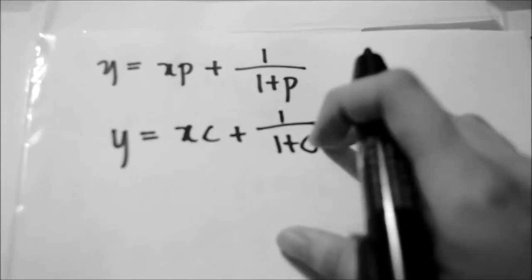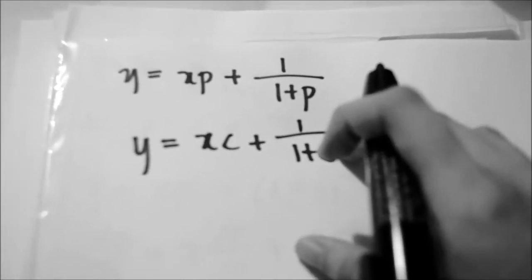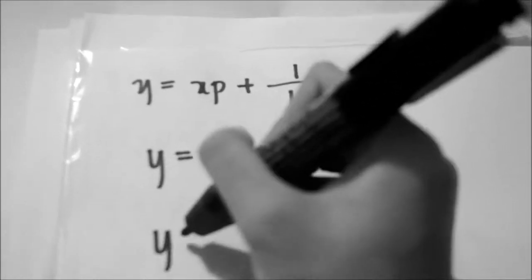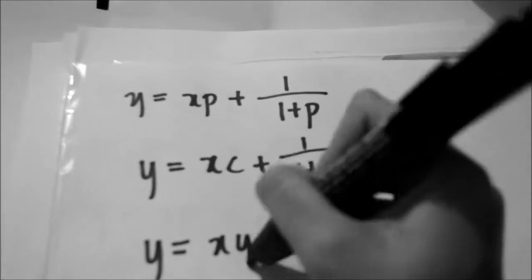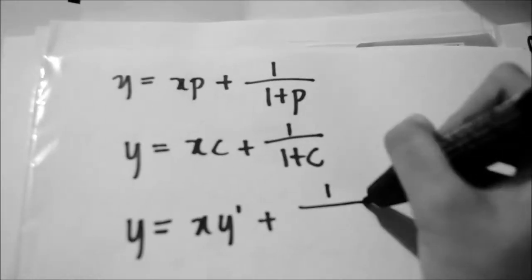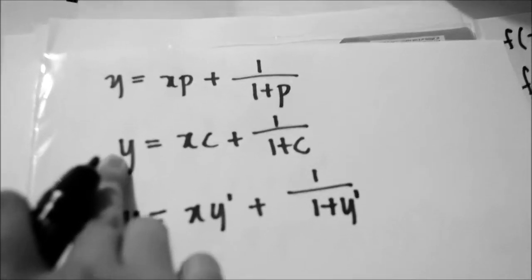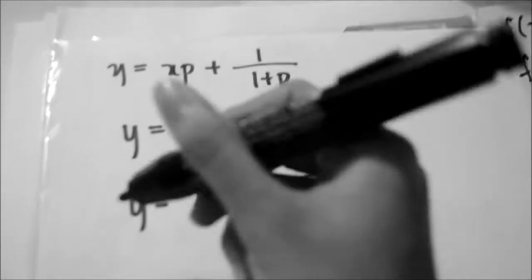To verify that this is one of the general solutions of the differential equation y = xy' + 1/(1 + y'), we will differentiate both sides with respect to x.